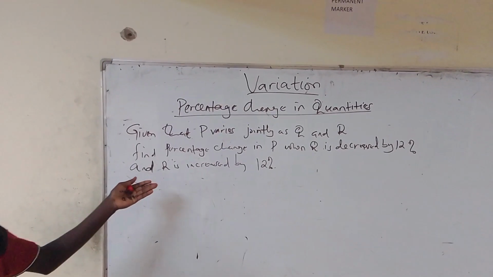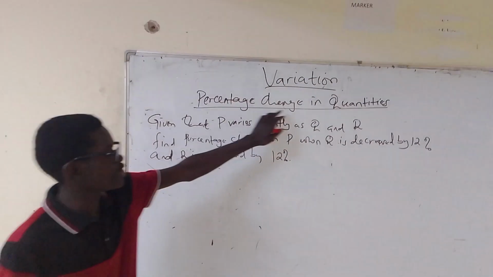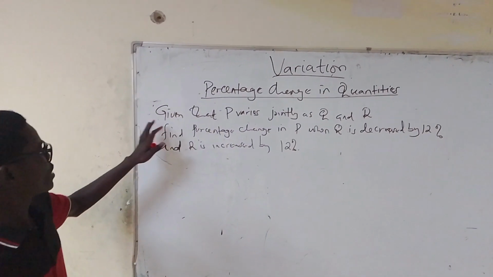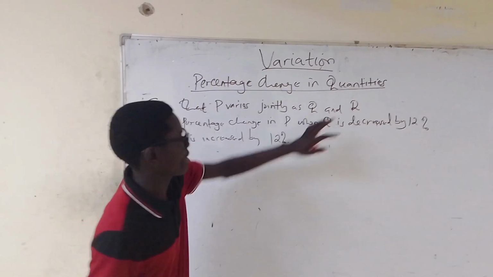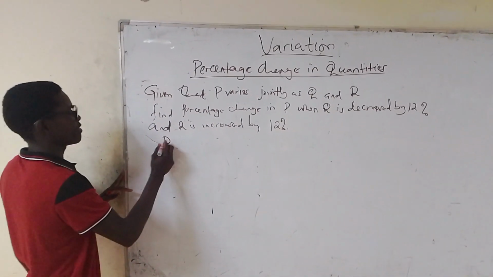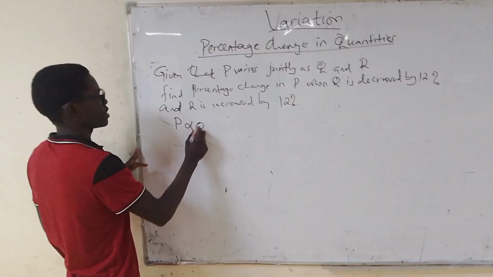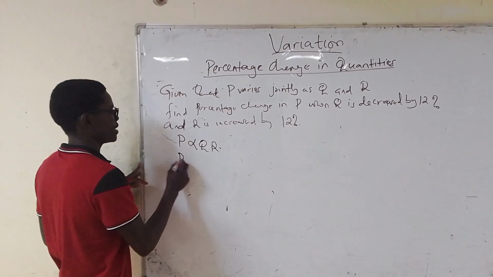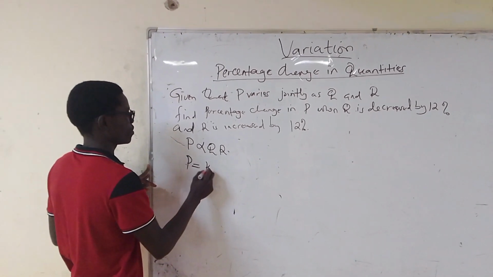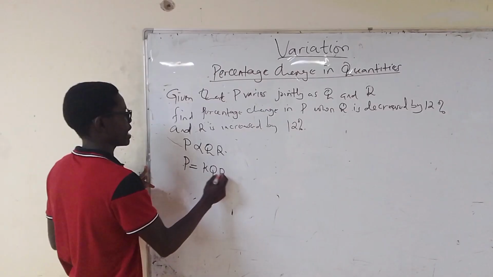So let's work out this question under percentage changing quantities. The question says that given that P varies jointly as Q and R. So introduce the equal sign. P equals KQR.